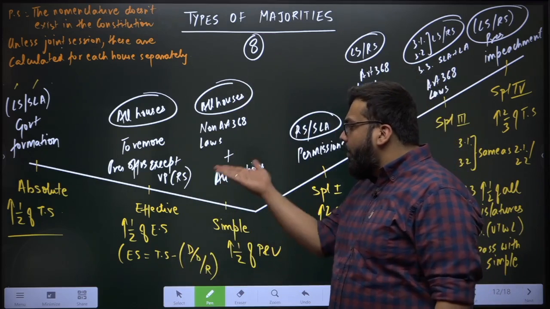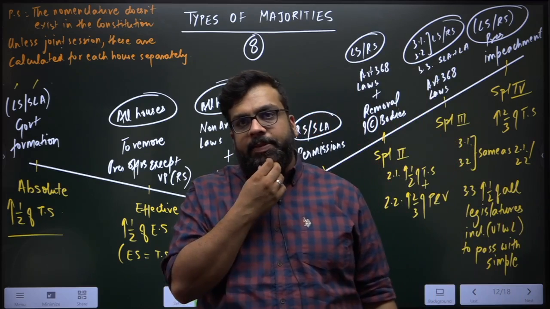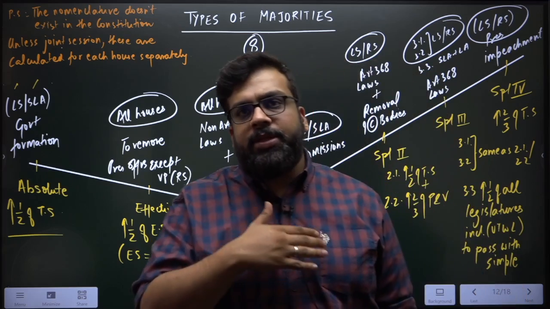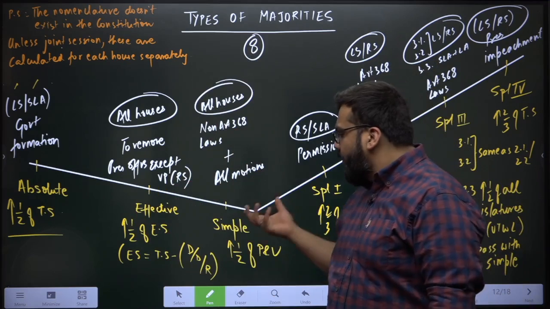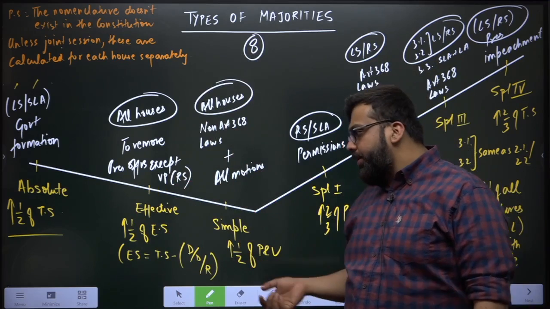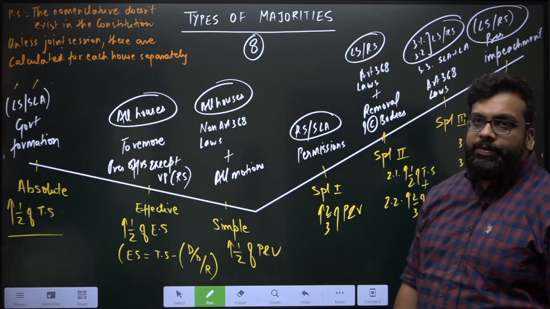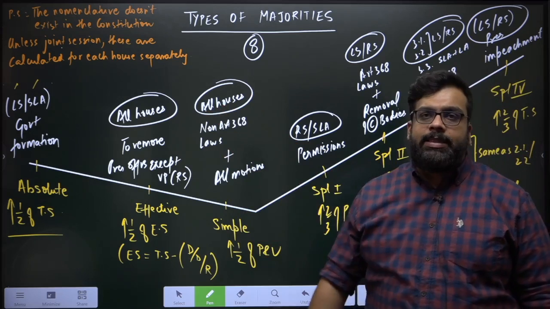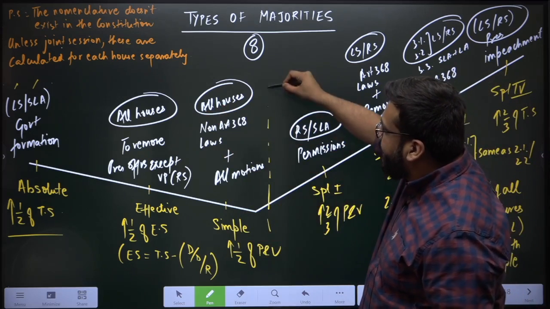Second, all parliamentary motions of any kind will always require simple majority. Whether it's a no confidence motion, a censure motion, an adjournment motion, even a motion of thanks for that matter, all of it will require a simple majority. It's one of the two default majorities that we often use, right? It's your default non-Article 368 majority also. And this is your half fraction.